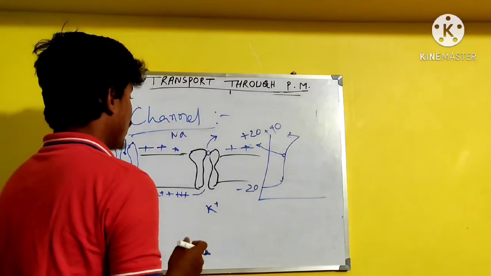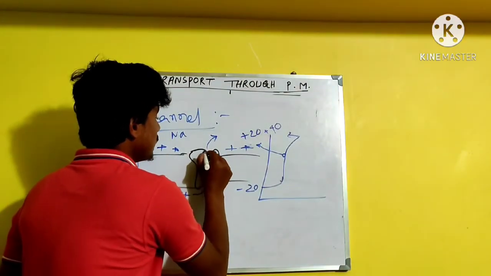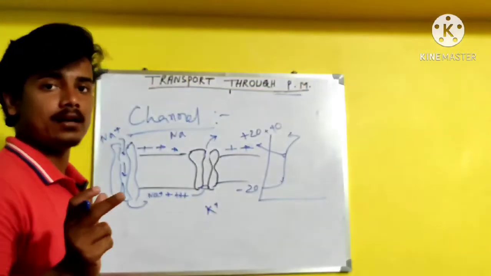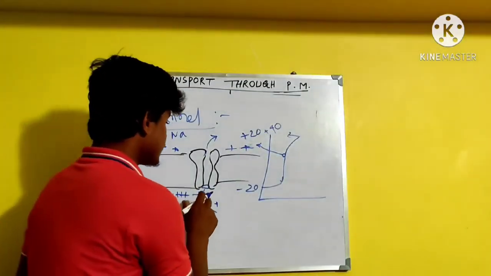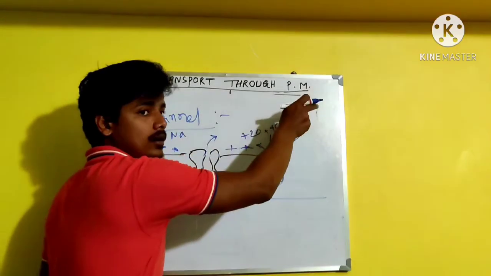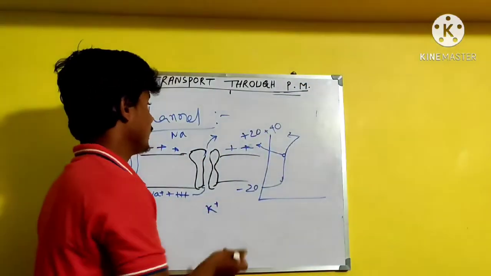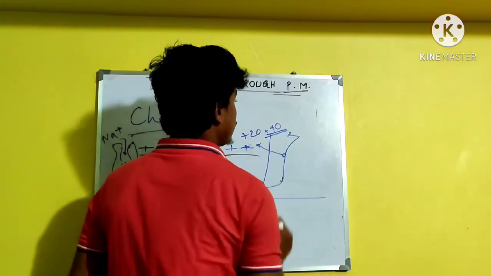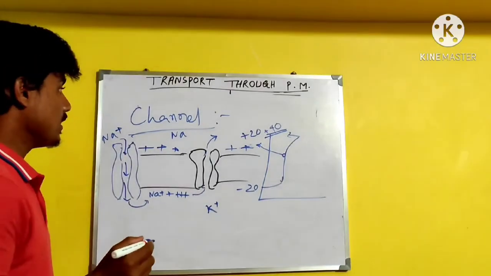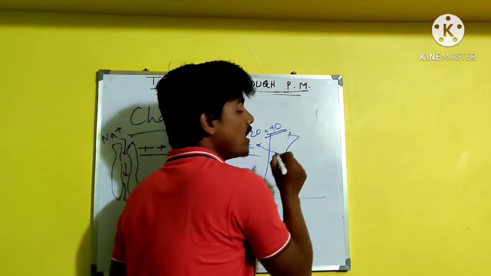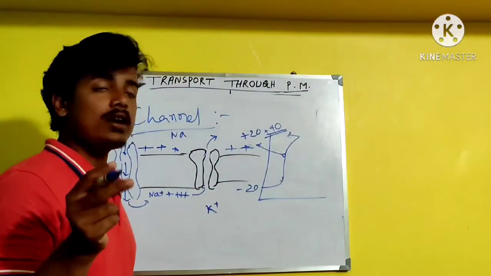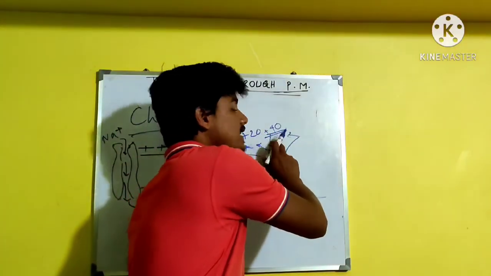Actually, the closing point, the door inside the cell, will open, and K plus will move out of the cell rapidly at plus 40. This increase of action potential is known as depolarization.